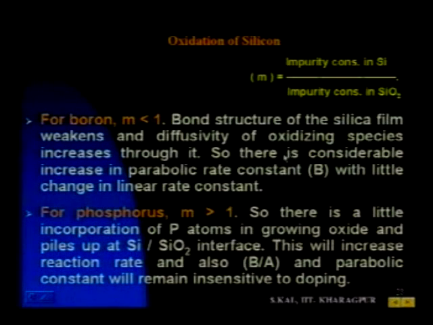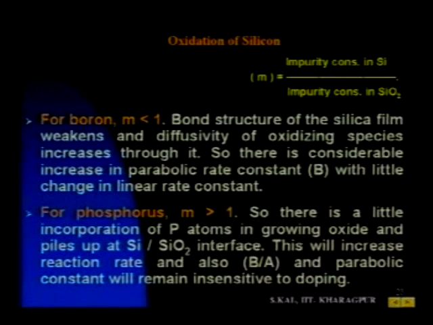That means the phosphorus atoms would like to stay in the silicon interface more compared to that in silicon dioxide. As a result, what will happen? There is little incorporation of phosphorus atoms in the growing oxide, and all the phosphorus atoms pile up at the SiO2 interface. At the interface, on the silicon side, they will pile up, because more and more they want to stay in the silicon.